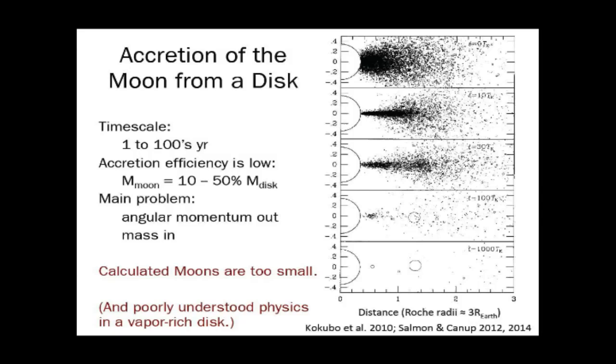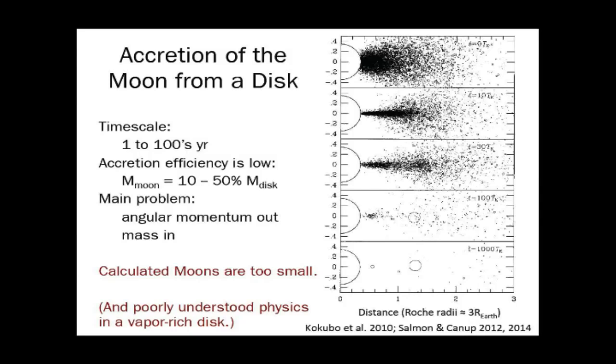The units here are Roche radii, approximately 3 Earth radii, and this is the size of the proto-Earth. Within a Roche radius, a satellite will be sheared apart by tidal forces, and beyond the Roche radius, a satellite can survive. As you see in this first time step, the calculation began with a swarm of debris to mimic what was found in numerical simulations of the giant impact.